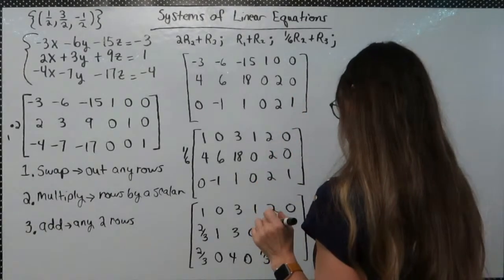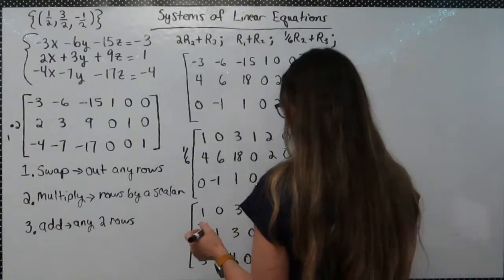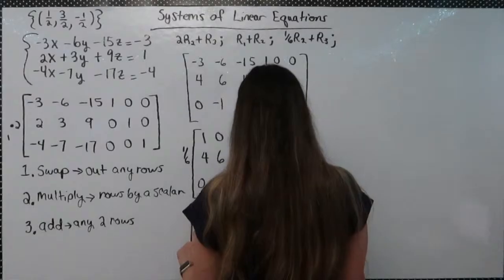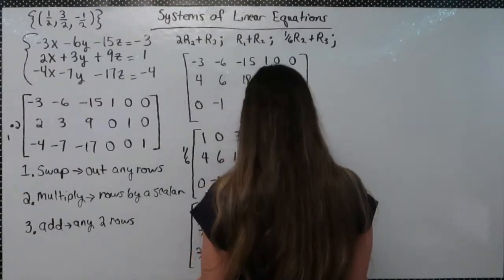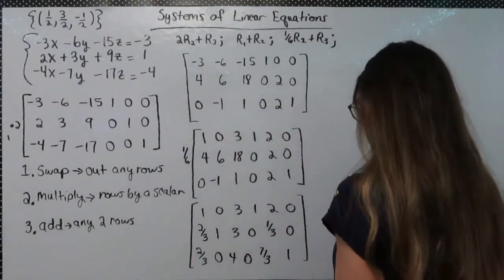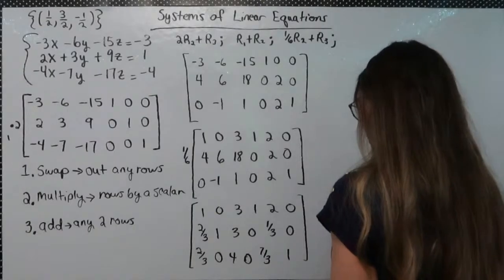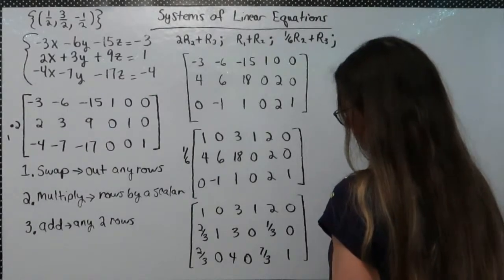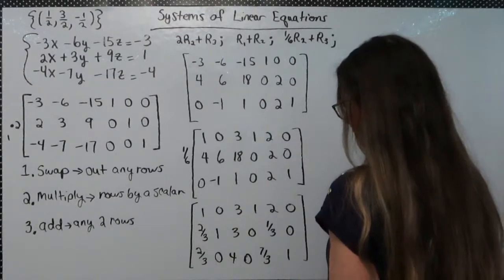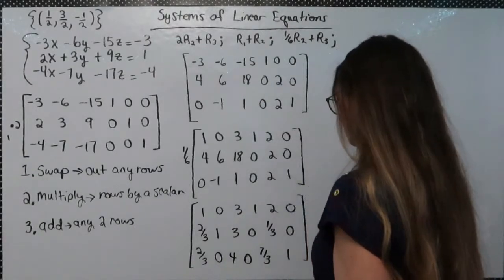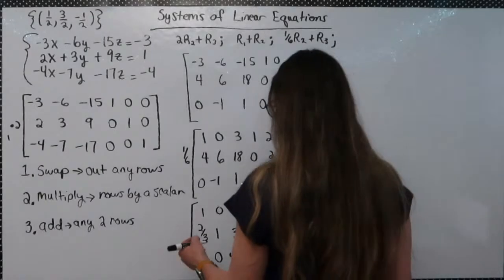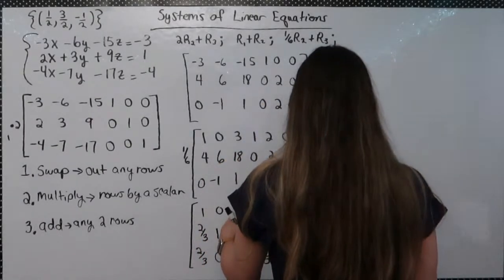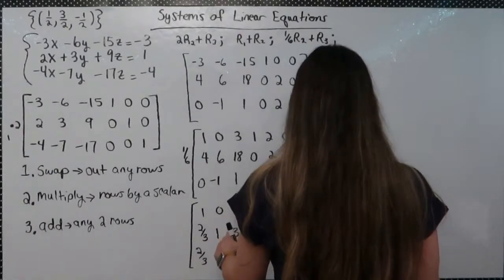And it looks like we're going to have to multiply either row 2 or 3 by -1, and then re-add. So I'll tell you what, let's multiply row 2 by -1, and then we're going to add it first to row 1, and then we'll replace row 2.